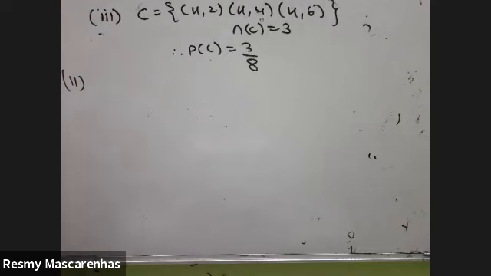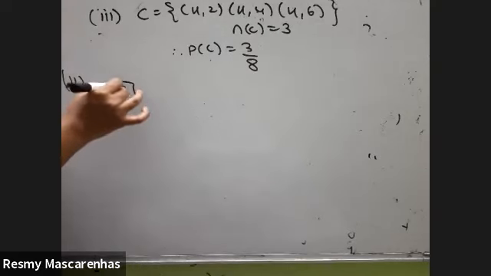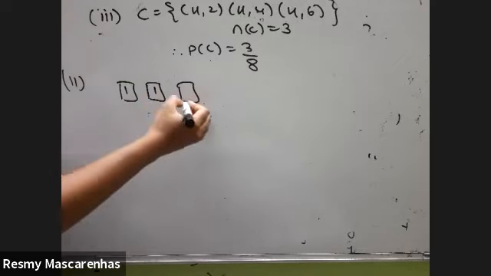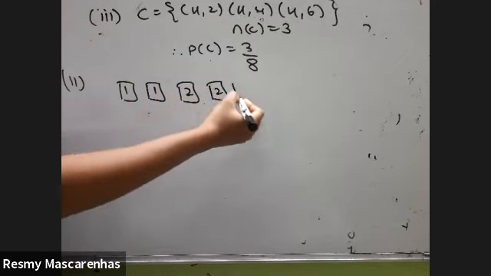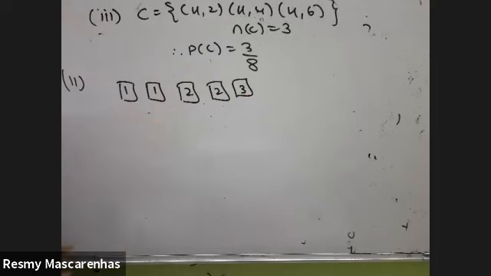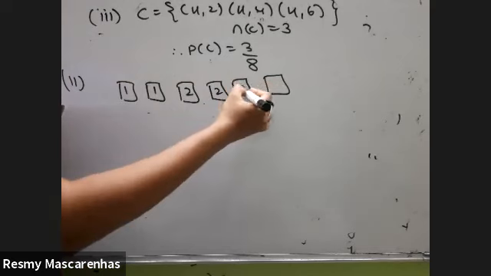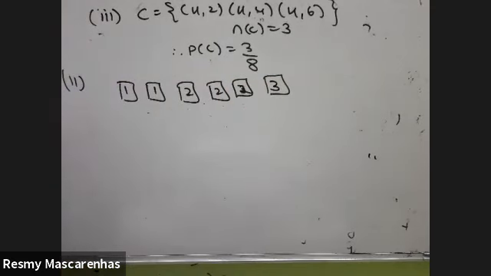There are 6 faces. 2 faces have number 1 written on them. 3 faces have number 2 written on them. So there are 6 faces now for the die. And 1 face has 3 written on it. So 4, 5, 6 have been erased from that die and replaced by these numbers.